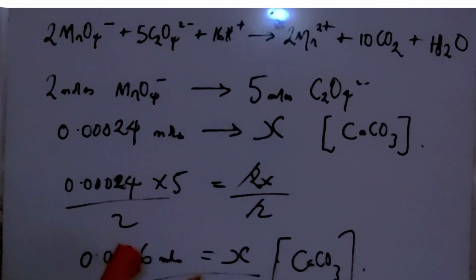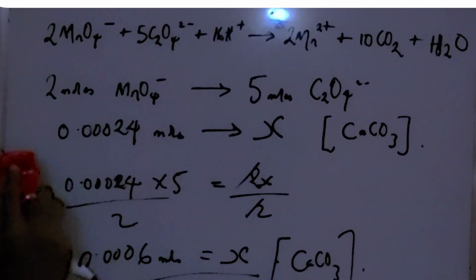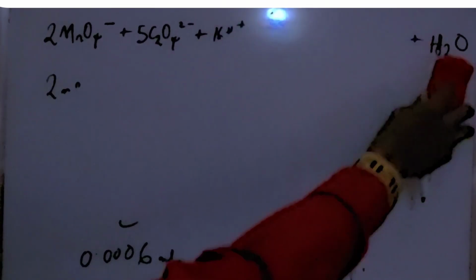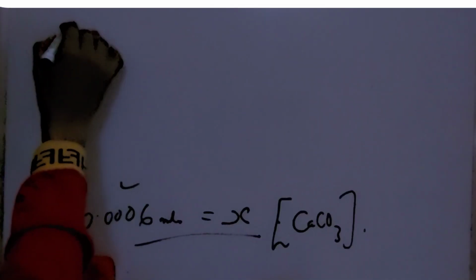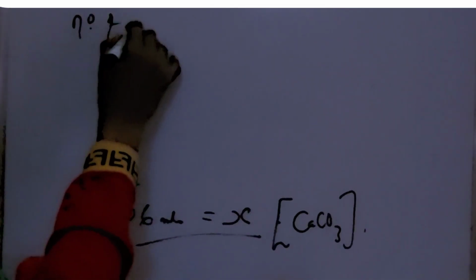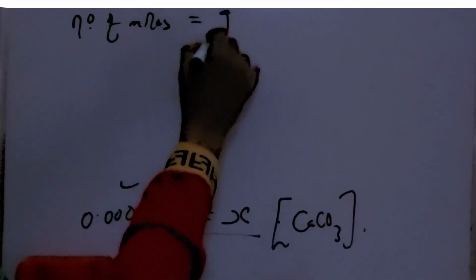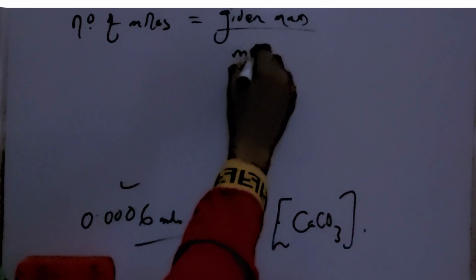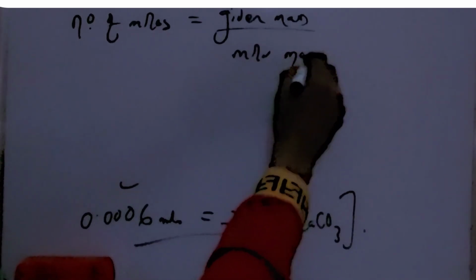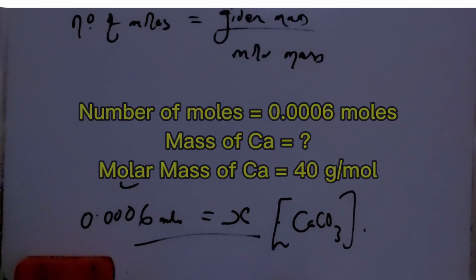If you want to calculate the mass of calcium, having arrived at this, you've gotten the number of moles. So what is the mass of calcium? I'm going to wipe this off just to guide and show how you can go about that. Remember, number of moles is given mass over molar mass. So you've derived 0.2306 moles.